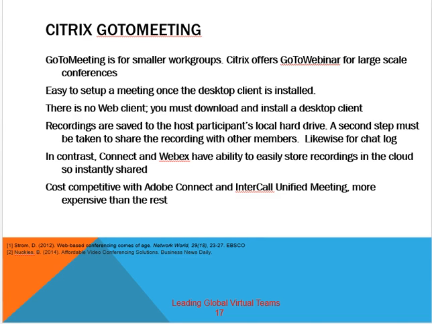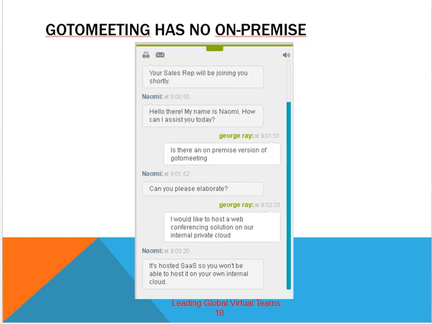Citrix GoToMeeting is cost competitive with Adobe Connect and Intercall Unified Meeting, but it's more expensive than the rest of the web conferencing offerings. It has no on-premise capabilities, so that's one drawback if your organization does require on-premise.